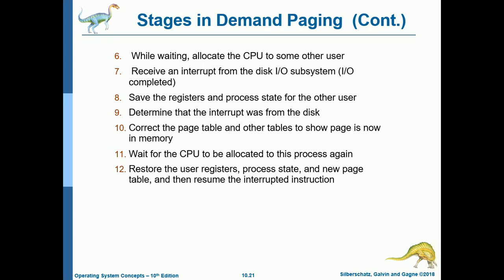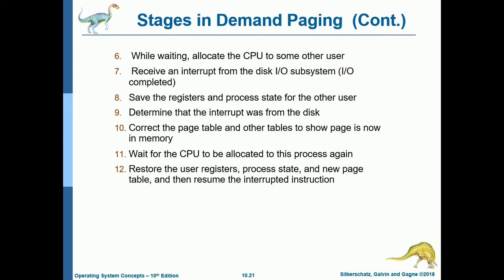Number 7, receive an interrupt from the disk I/O subsystem for I/O completed. Number 8, save the registers and process state for the other user. Number 9, determine that the interrupt was from the disk. Number 10, correct the page table and other tables to show the page is now in memory. Number 11, wait for the CPU to be allocated to this process again.